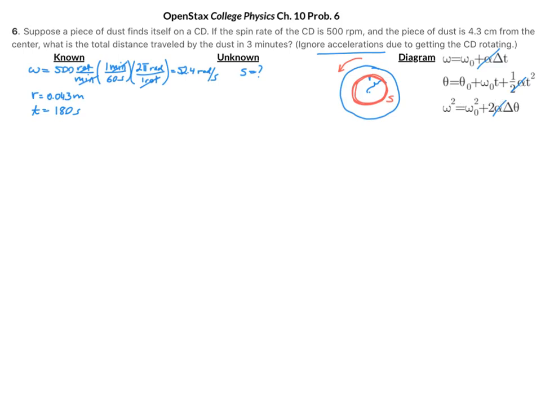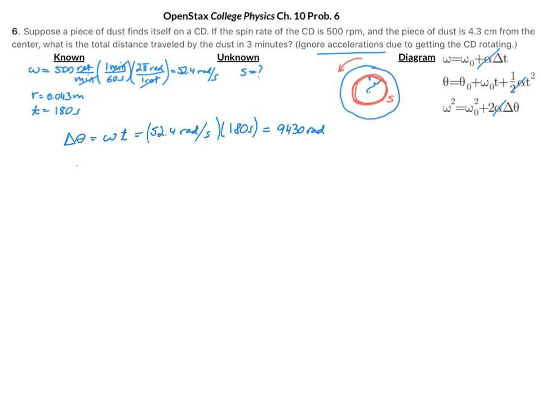So I will say then that delta theta is omega t. So I know the angular displacement of the CD, and that will be 52.4 radians per second times the time, which is 180 seconds. And when I multiply these, I get 9430 radians.